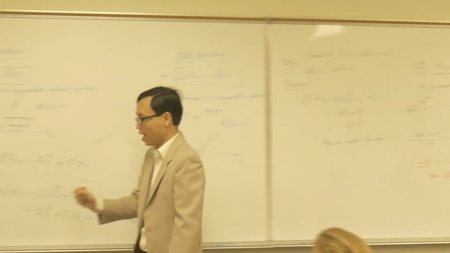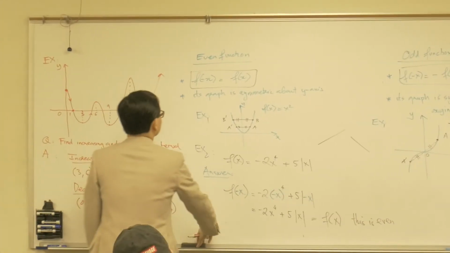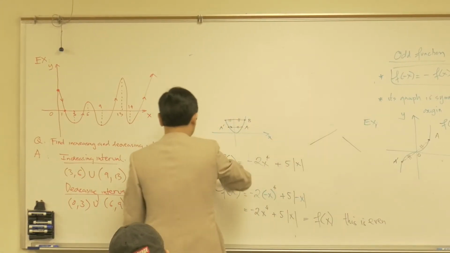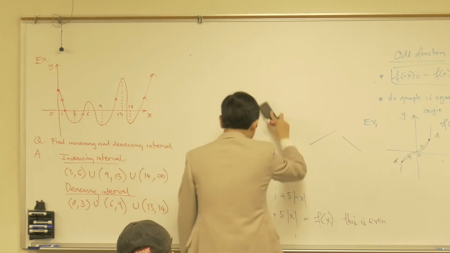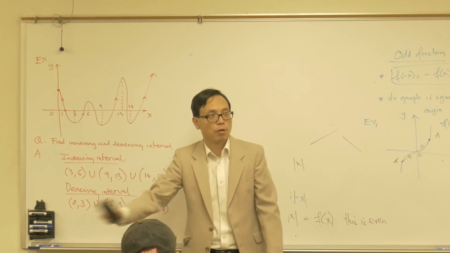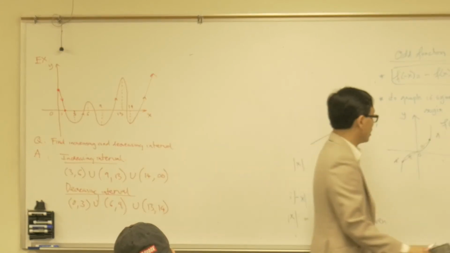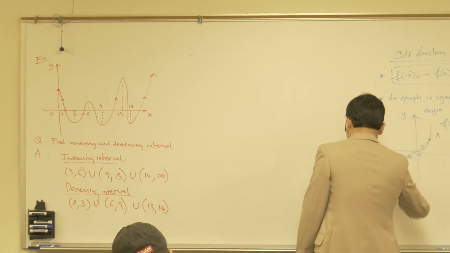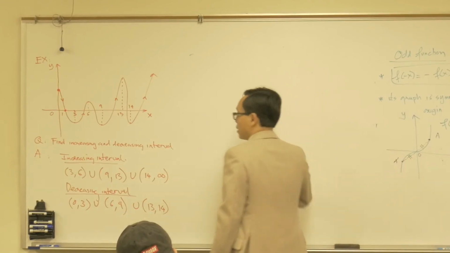Okay? So I'm going to put a remark over here. No matter what, it's an open circle or the dot circle or whatever, don't ever use square bracket when you write interval of increasing and decreasing.